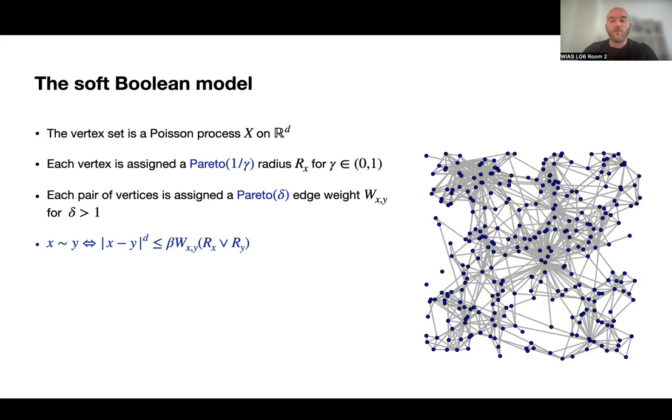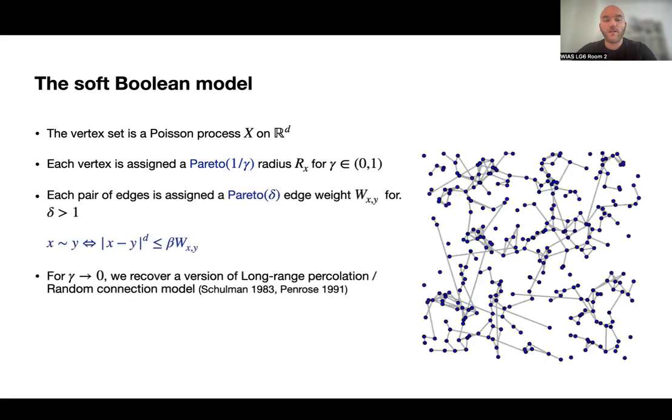Let's have a look at the single effects, namely if we send gamma to 0, that means basically we take the radii out of the game. Then we observe a version of the classical long-range percolation or random connection model. Here we still have long edges, but we don't have heavy-tailed degree distributions.